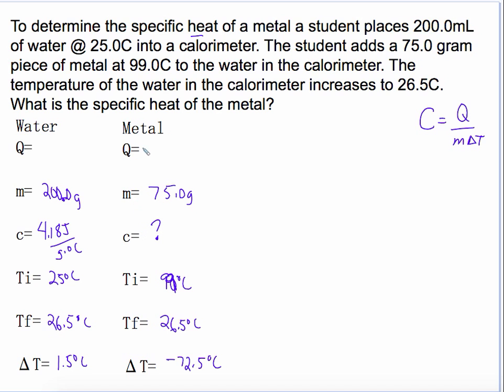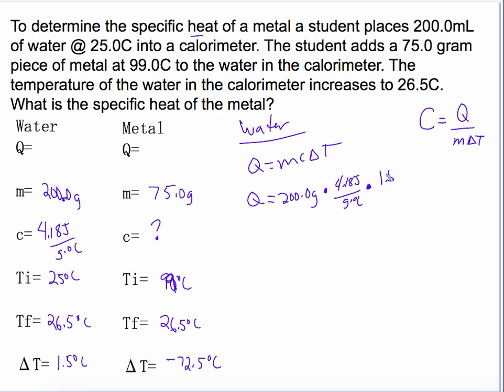Now, to solve for the specific heat of the metal, we have to know Q, but there's not enough information. But we can use the Q from the water. So for water, Q equals MC delta T. Q equals the mass of the water times the specific heat of the water times the temperature change, 1.5, of the water.